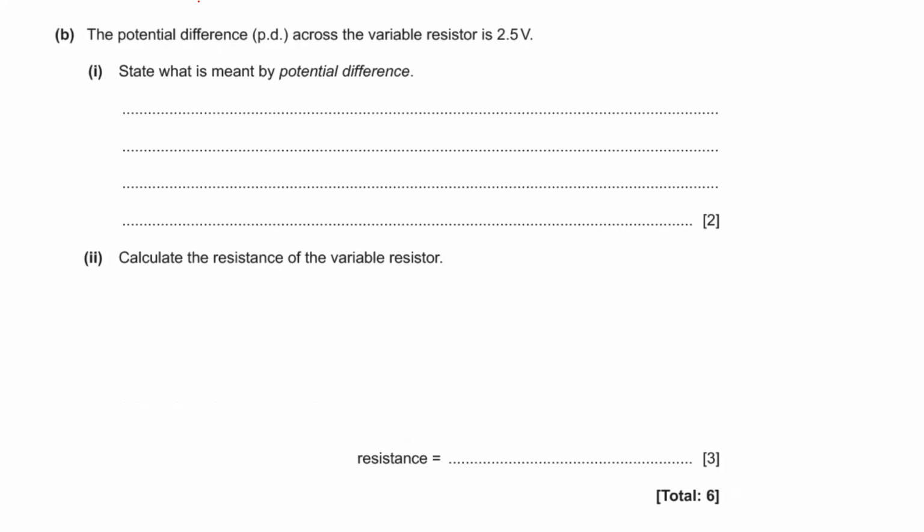Then it says the potential difference across the variable resistor is 2.5 volts. State what is meant by potential difference. So potential difference is the work done or energy required to move a unit charge completely across the circuit from one point to another point.